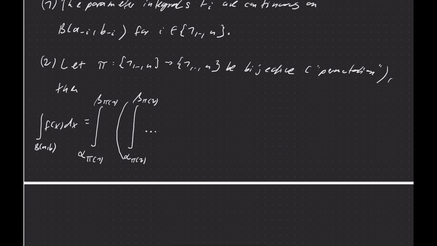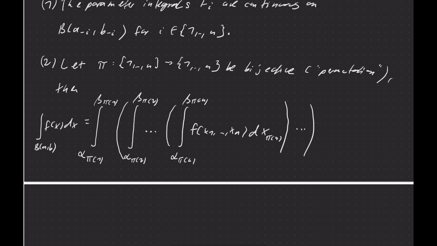And so on, up to the innermost integral. The innermost integral is then variable pi n. F of x1 to xn dx pi n, and so on, dx pi 2, dx pi 1.